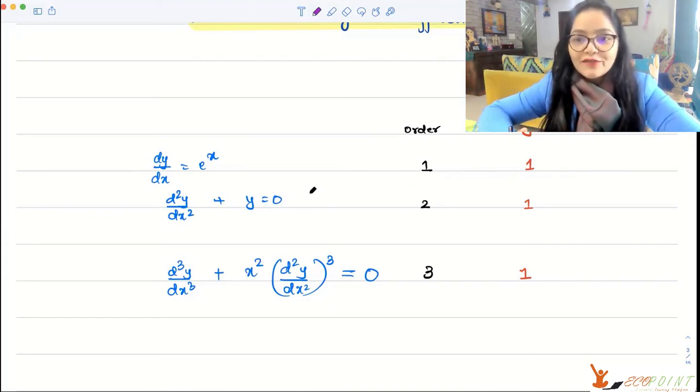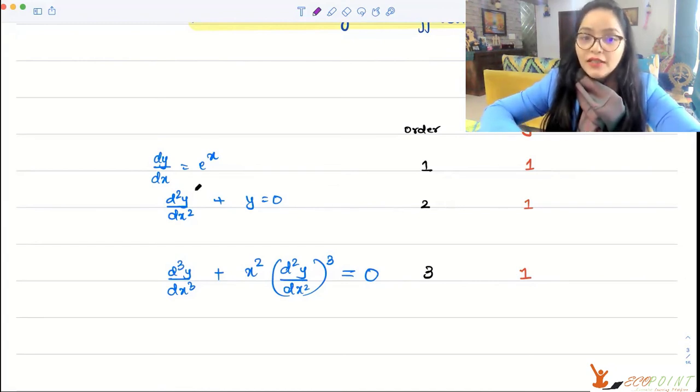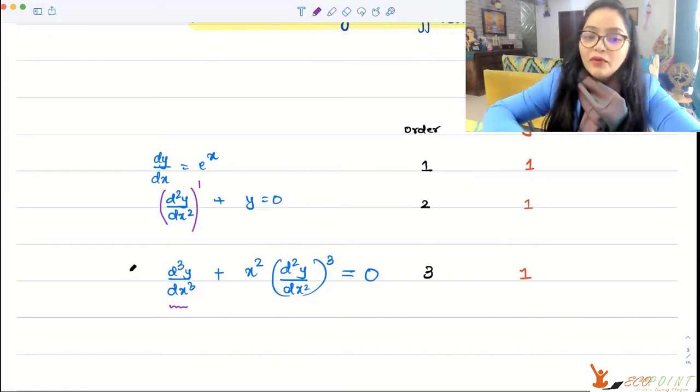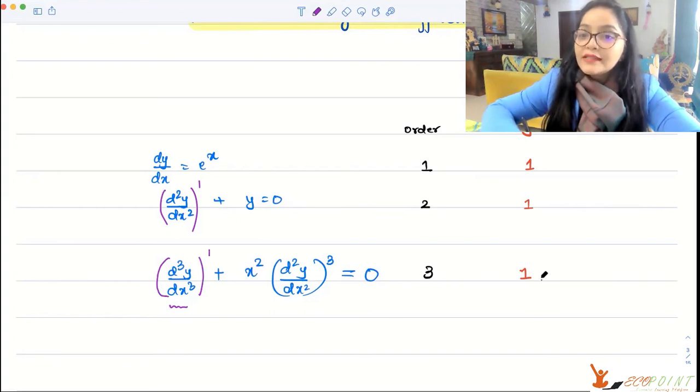The highest order of derivative involved is the second order derivative, so 2 is the order, but the power of the highest order derivative is just 1, so degree is 1. Similarly, d cube y upon dx cube plus x square (d2y upon dx square) cube equals 0. Order is clearly 3, but the power of that is just 1. Order is 3, but degree 1.